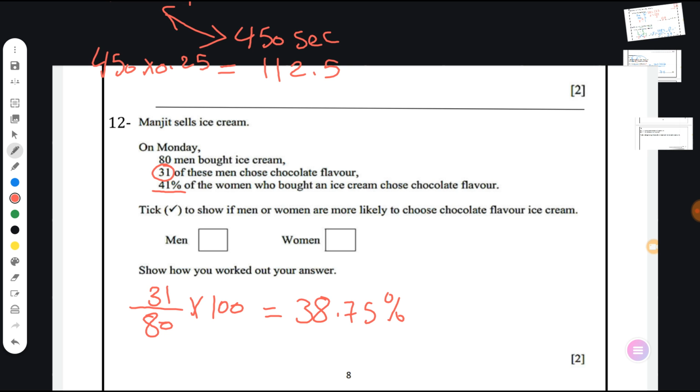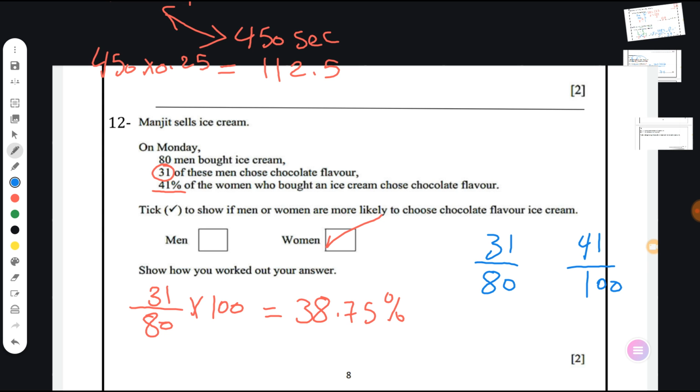And for women, 41 percent of women who bought ice cream chose chocolate. So which one is more? I think women like it more, because the ratio for women is greater than the ratio for men. By the way, we can solve it another way. For men it's 31 out of 80, and for women it's 41 out of 100.